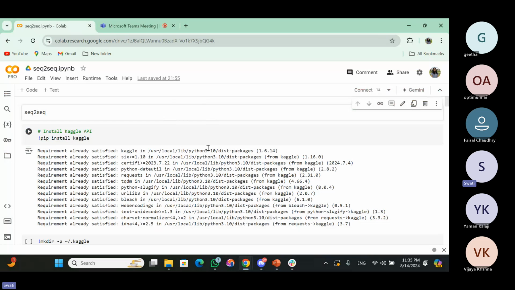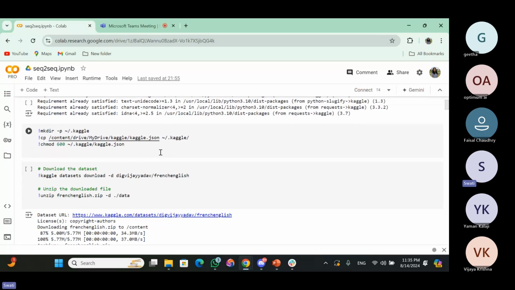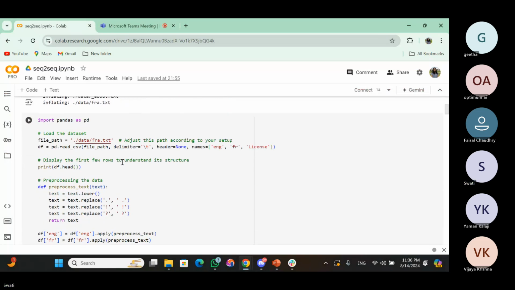We will see those. So first, yes, I'm using a Kaggle dataset. This is English to French translation, or you can use it the other way around, French to English translation. I'm directly loading the data from Kaggle. In this one, initially we are doing some pre-processing.